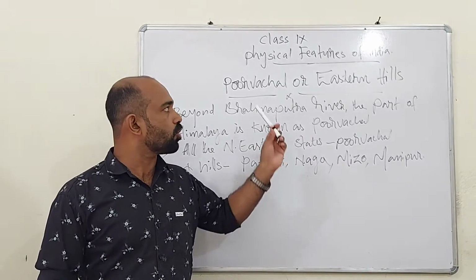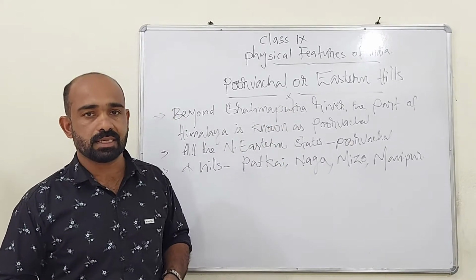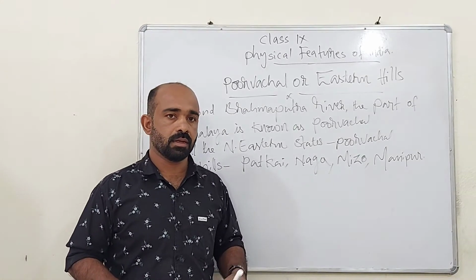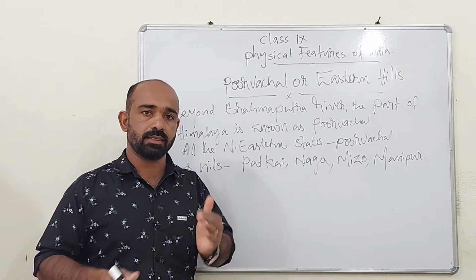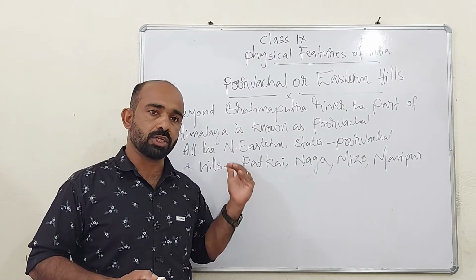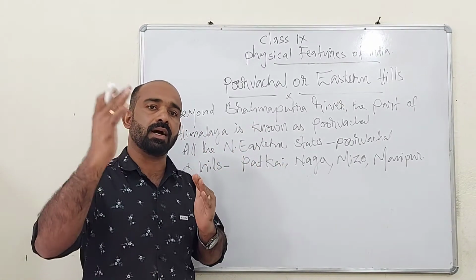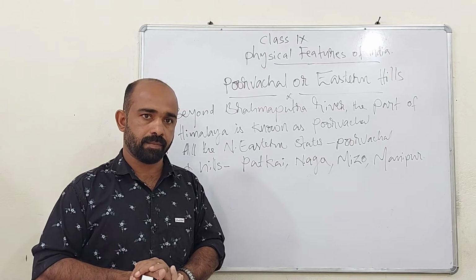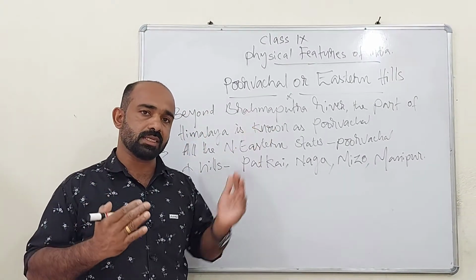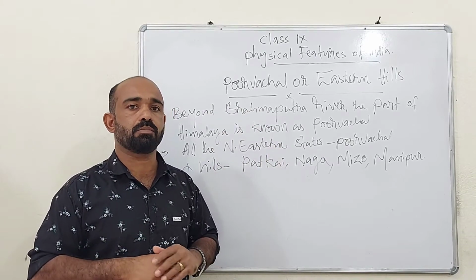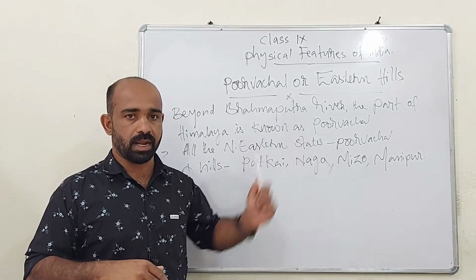Now let us see the topic Purvachal or Eastern Hills. We have already seen that the Himalayan mountain ranges are located between the Indus and Brahmaputra. Beyond the Brahmaputra, all the northeastern states together are known as Purvachal or Eastern Hills.